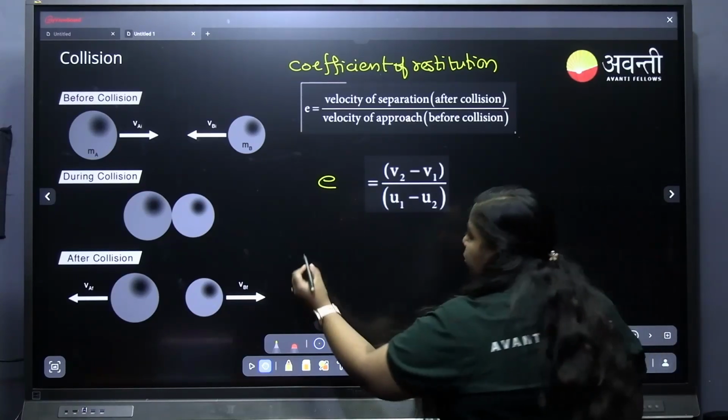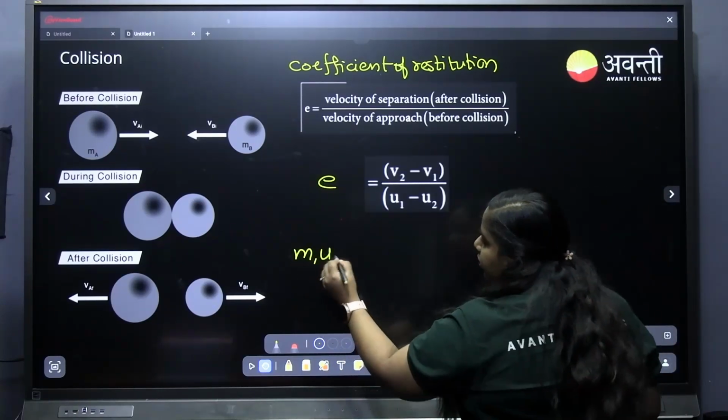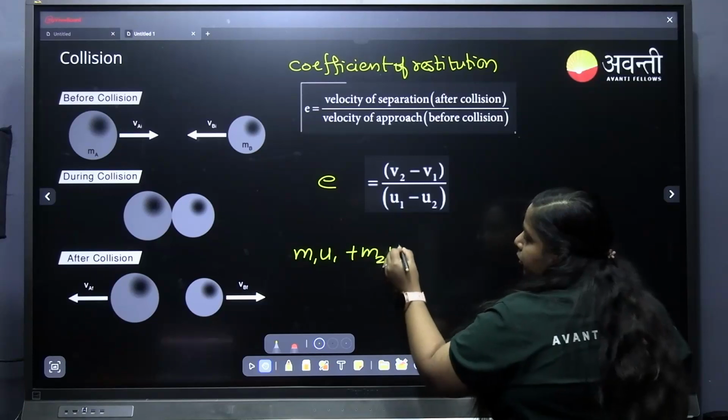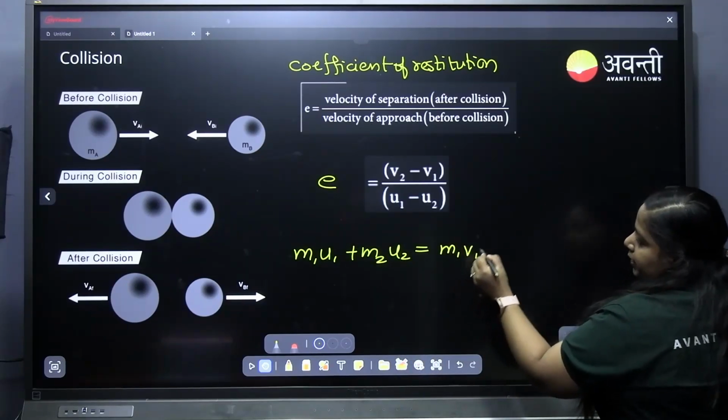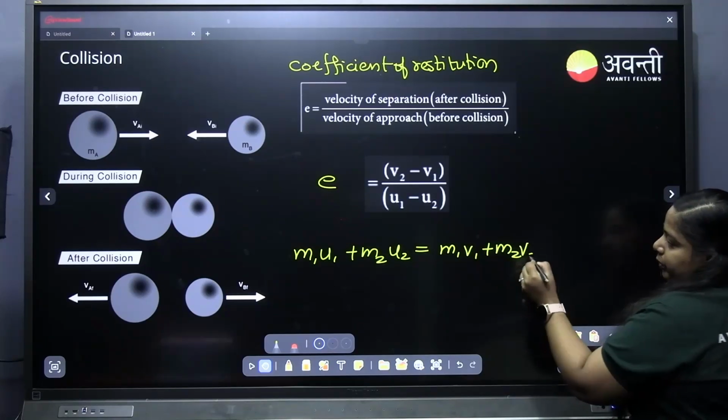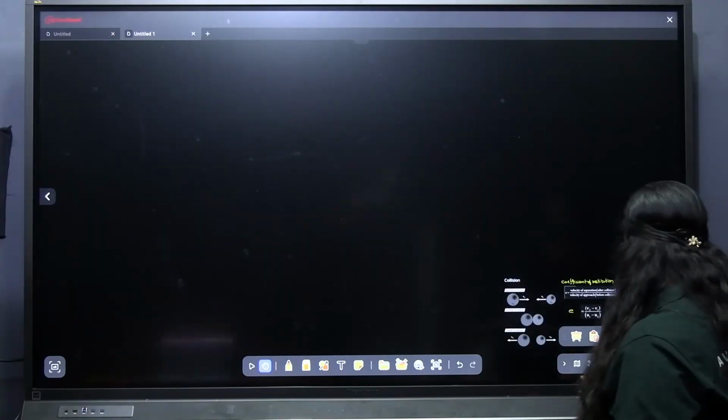Because from conservation of momentum we will have m1 u1 plus m2 u2 equal to m1 v1 plus m2 v2.